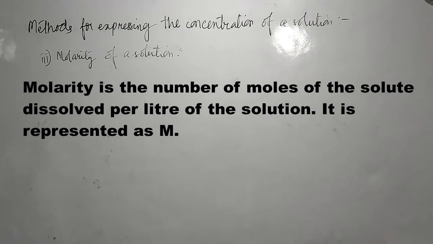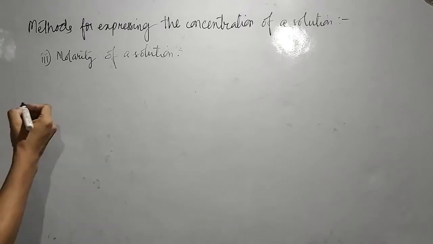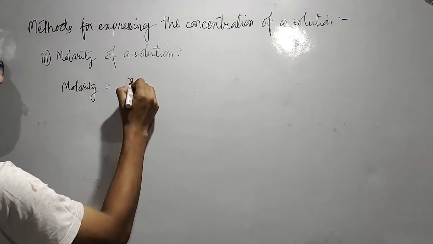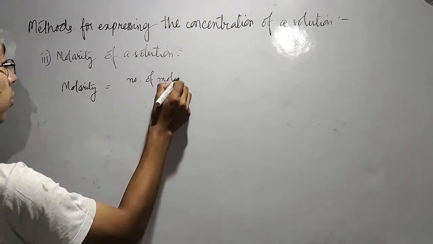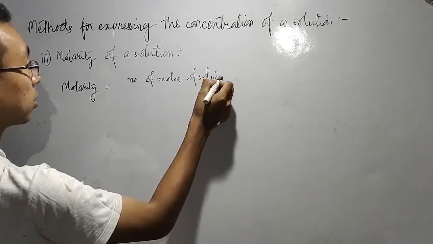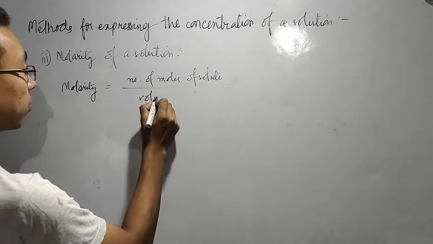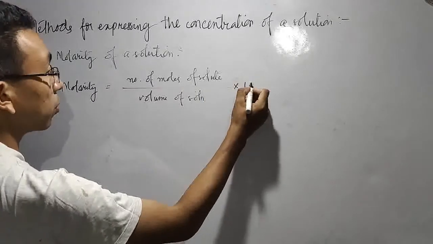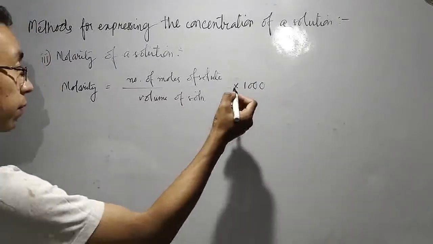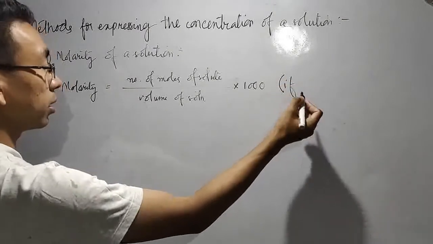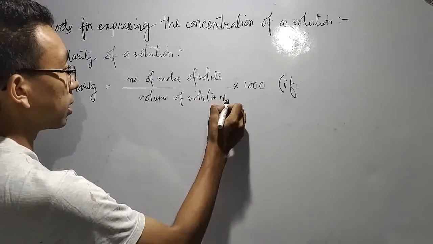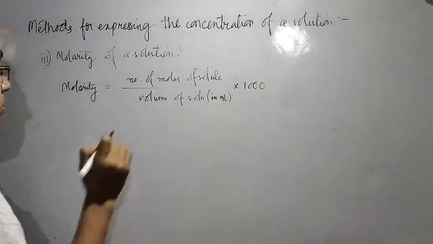Molarity is represented by capital M. Mathematically, molarity equals the number of moles of solute divided by the volume of solution, multiplied by 1000, if the volume is in milliliter.